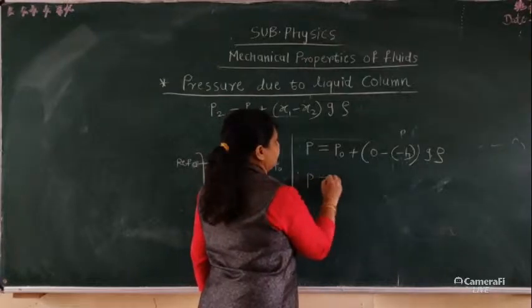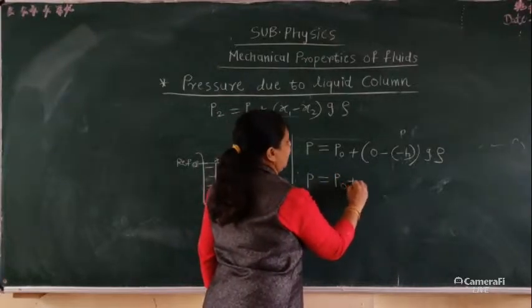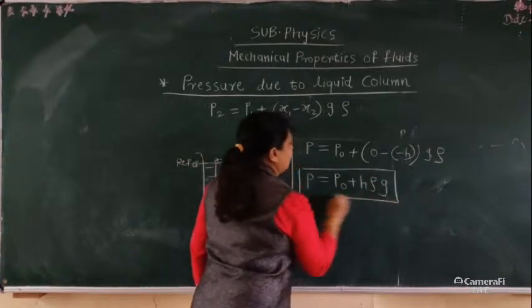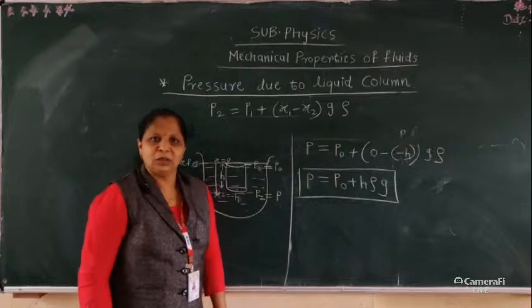Therefore, P is equal to P0 plus H rho G.